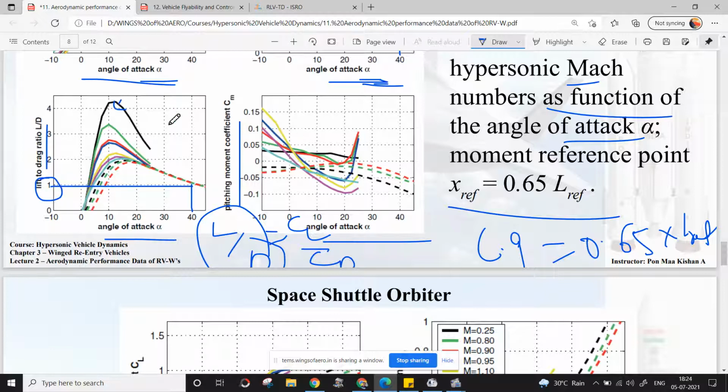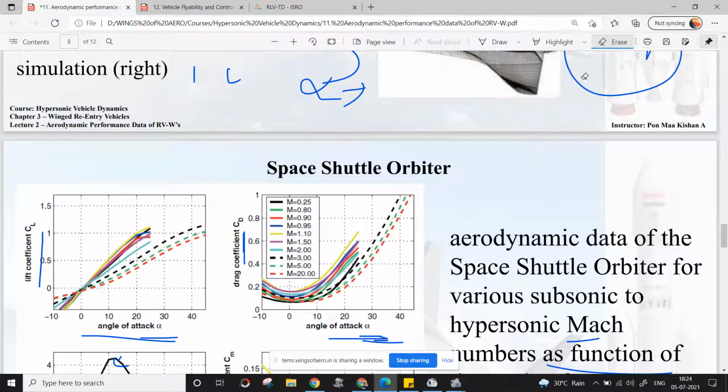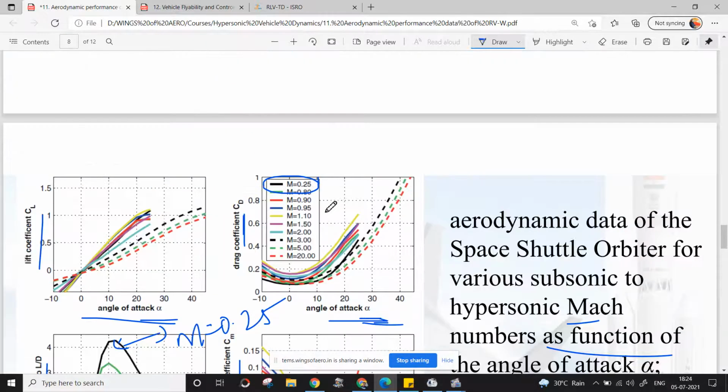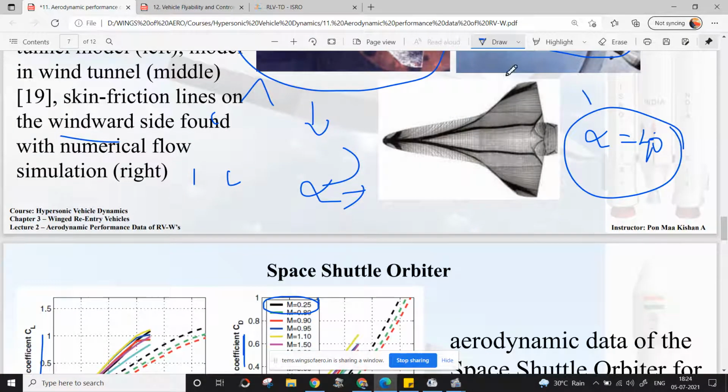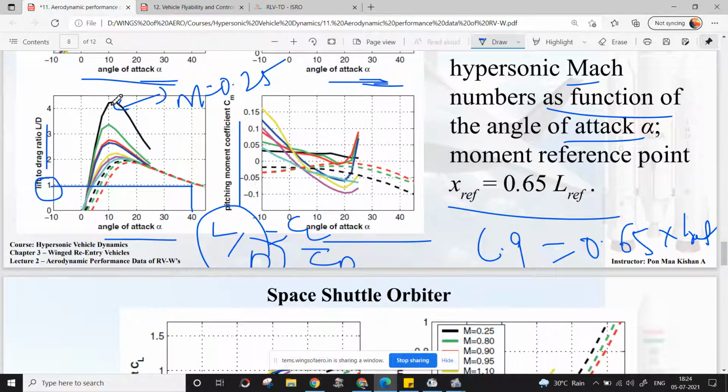But when we are speaking about subsonic flight, at Mach 0.25, the same re-entry vehicle is going to have good aerodynamic efficiency, with an L by D of 4.